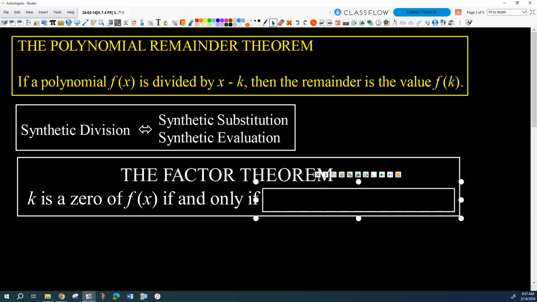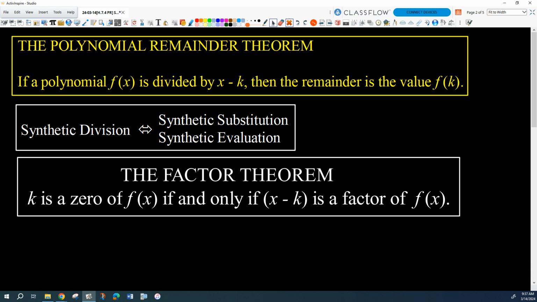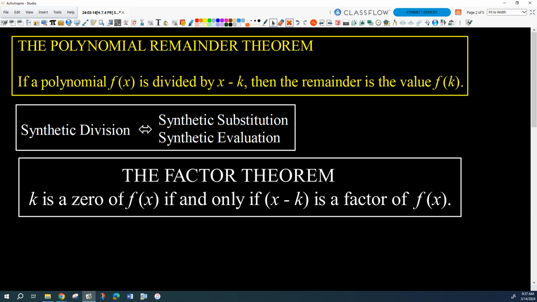Yeah, there you go. Good. If and only if x minus k is a factor, right? So that's what we're saying. K is a zero, meaning if I plug it in, I get zero for the function. So these are the two things that are interchangeable. K is a zero, x minus k is a factor. Those always go hand in hand.